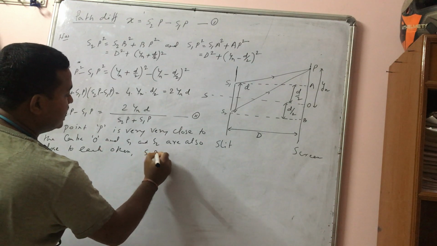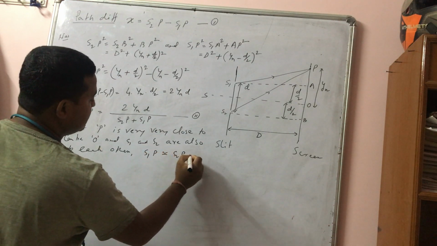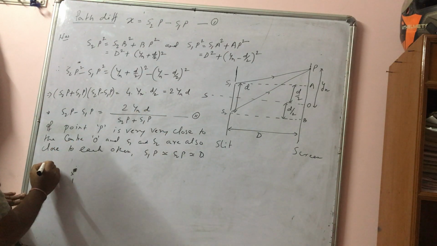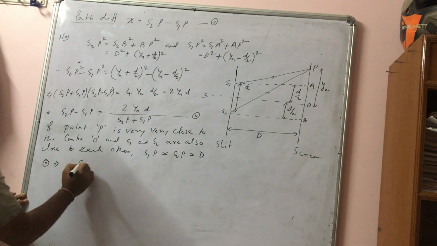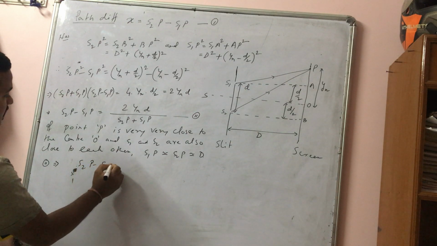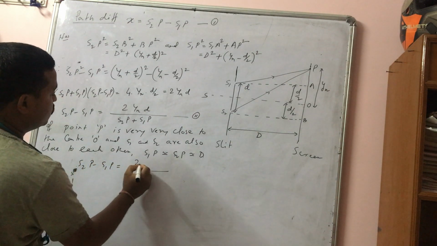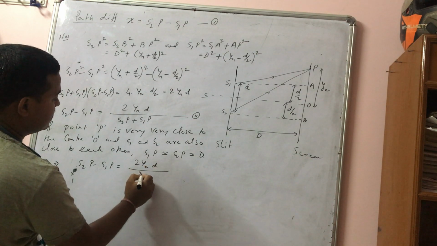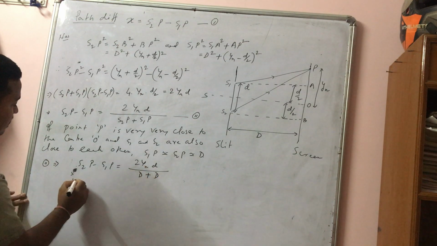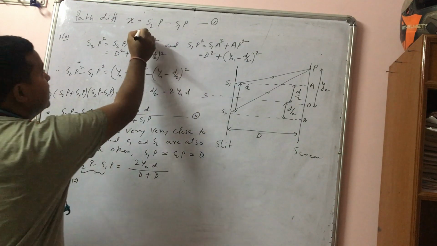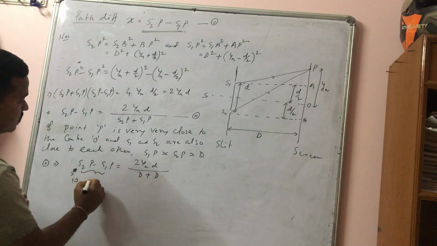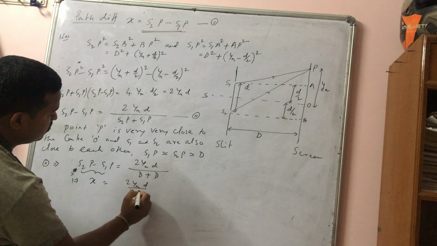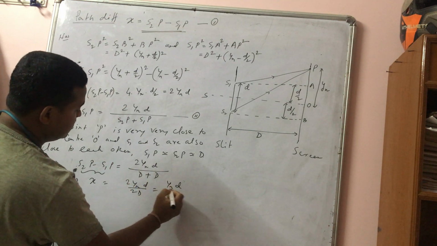Your S1P is equal to S2P is equal to D. So from equation 2 you can write S2P minus S1P is equal to 2yn d by D plus D. Now this is nothing but x, the path difference. So x is equal to 2yn d by 2D, so it is yn d by D.